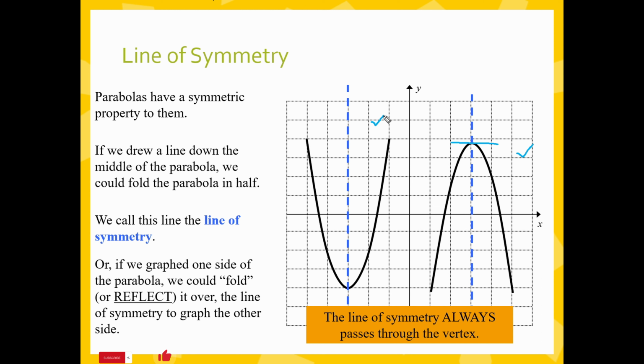The line of symmetry always passes through the vertex, which will be this particular point here, right? So let's see how we can get the formulas to calculate the vertex.